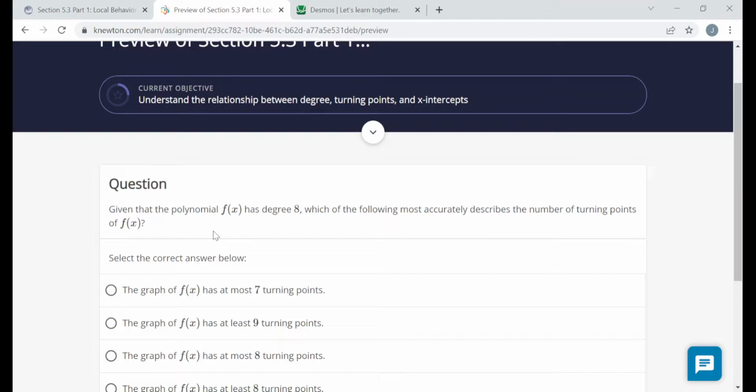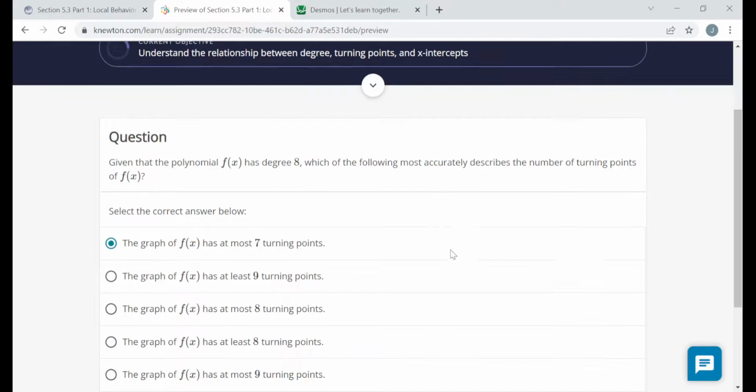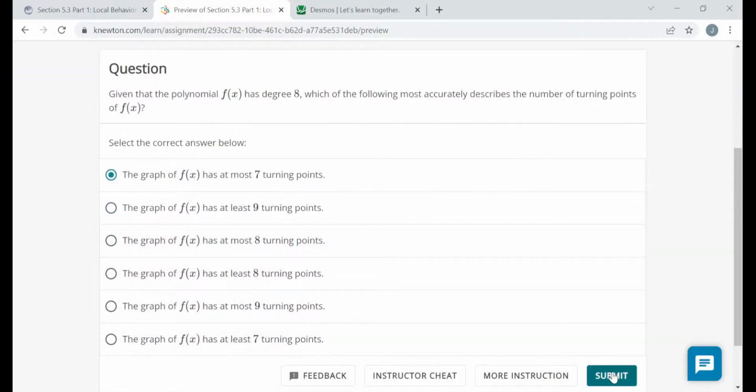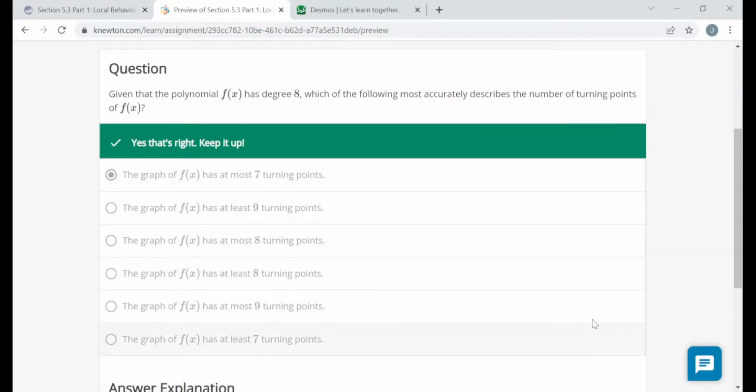And I mentioned this on the page: if a polynomial has degree n, the graph will have at most n minus 1 turning points. So a degree 8 polynomial can't have more than 7 turning points. So that's this first statement: the graph has at most 7 turning points. And that's all they're asking.